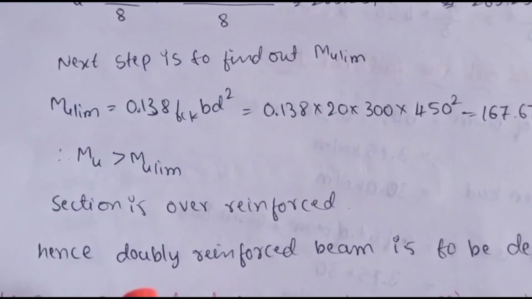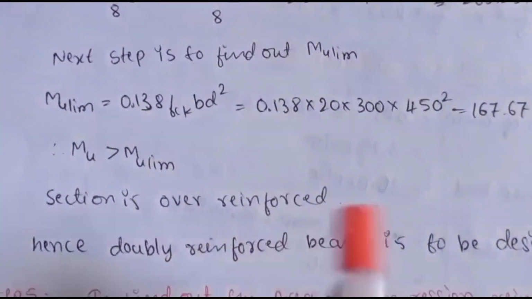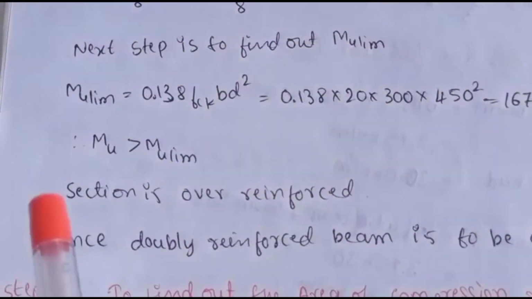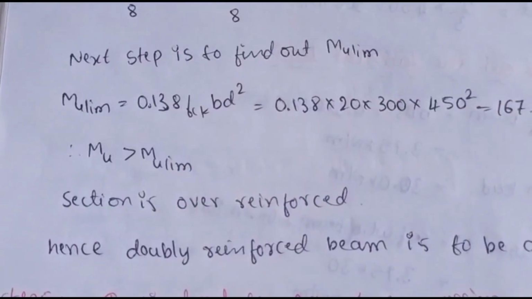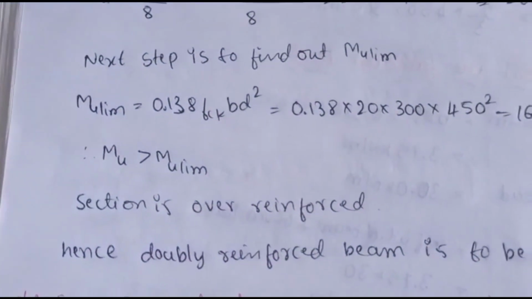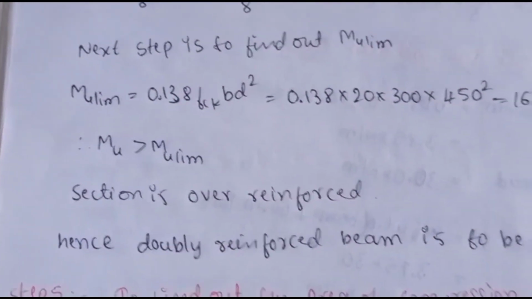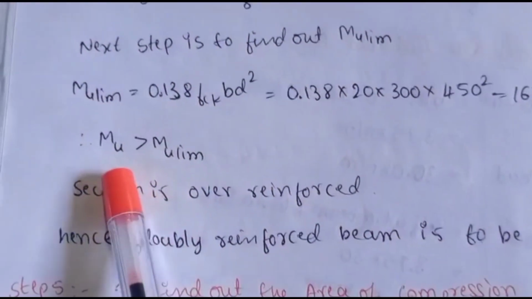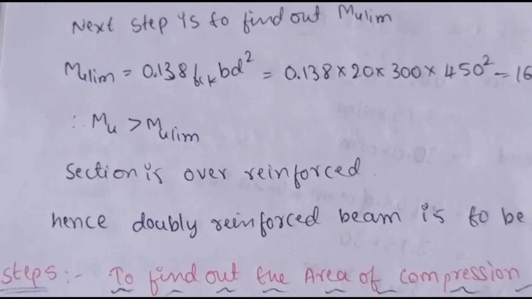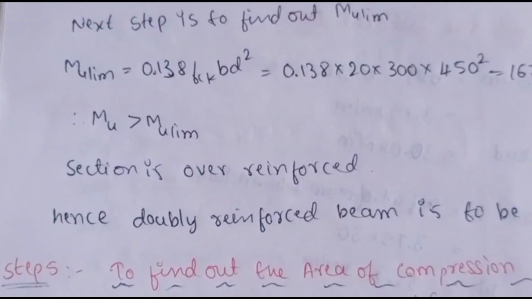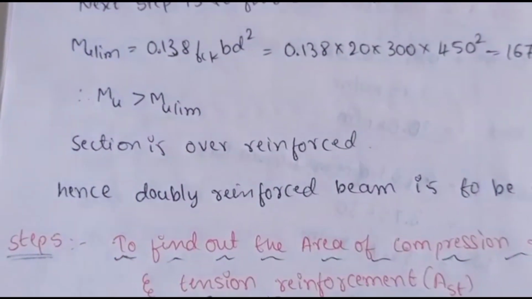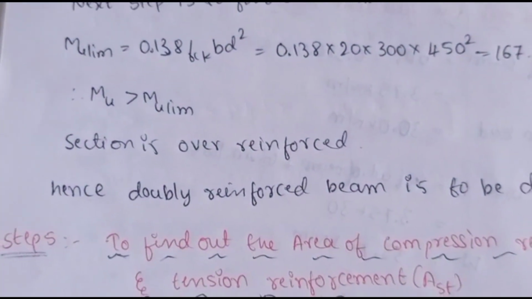So we need to design the doubly reinforced beam because our Mu value is greater than Mu limit. When Mu value is less than Mu limit, we go for the singly reinforced beam design. Here our Mu value is greater than Mu limit, so we need to design the doubly reinforced beam. This is how we calculate the Mu and Mu limit.